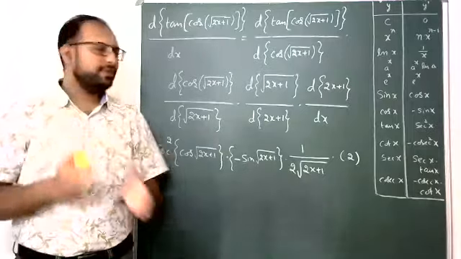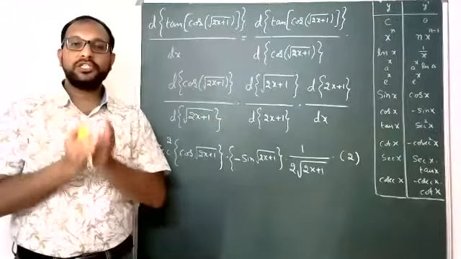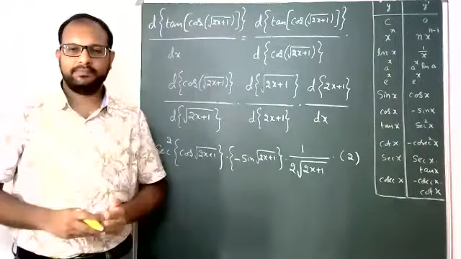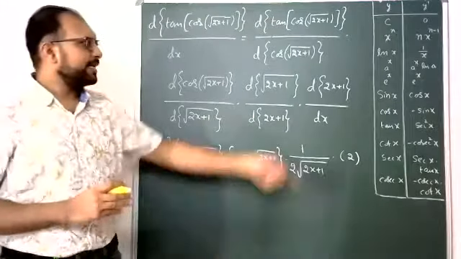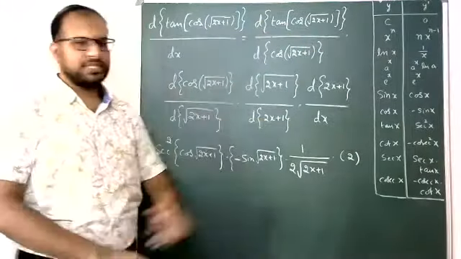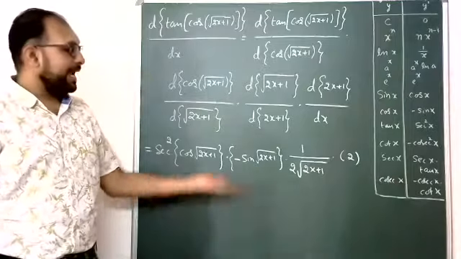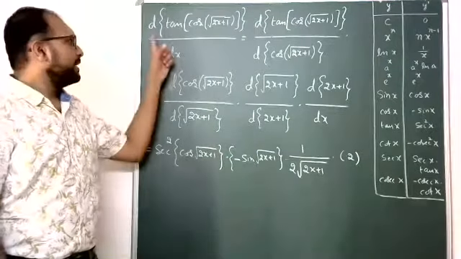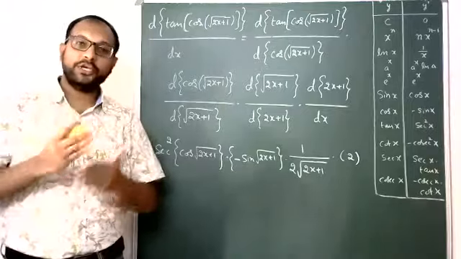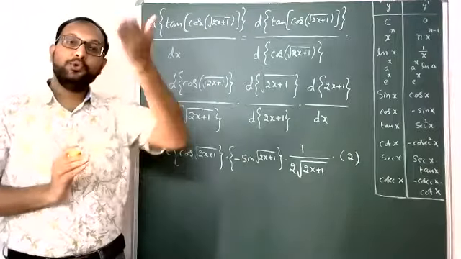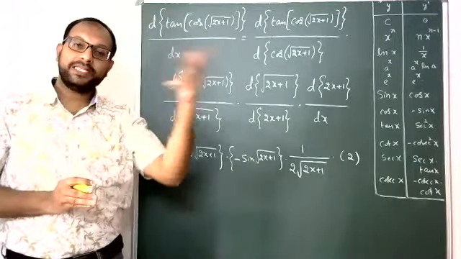So students, with this example I am closing the chain rule application. After the class is complete I will send an assignment related to all the remaining functions. The examiner may again give functions in u into v format, u by v format, u plus v format.